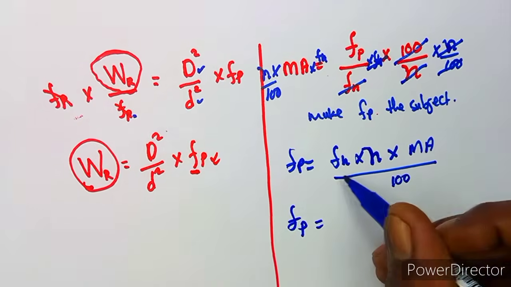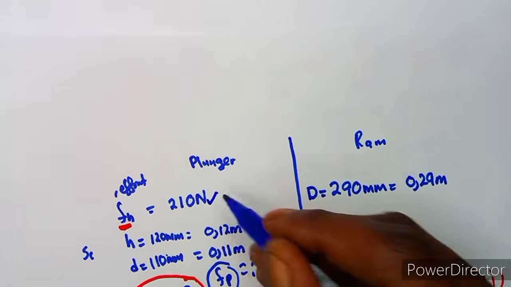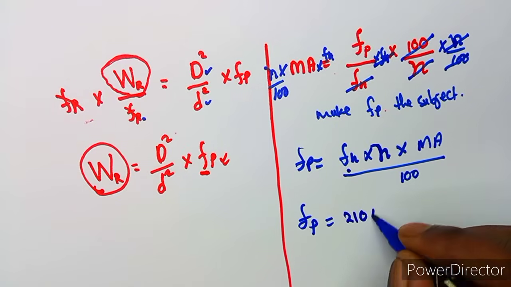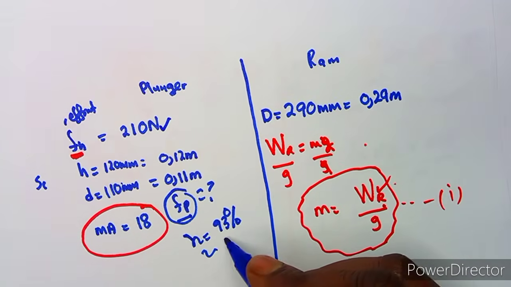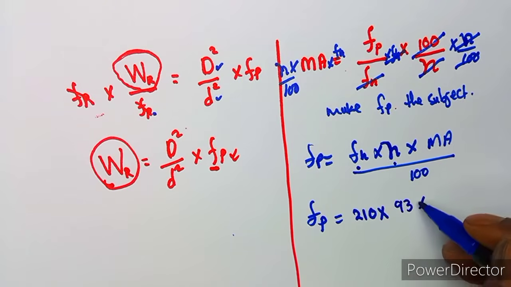So this is FH, which is the effort. We can substitute our values because we've got everything there. The effort is 210 Newton, so that's 210 times the efficiency of 93%. All right, so guys, working with formulas is very, very important.